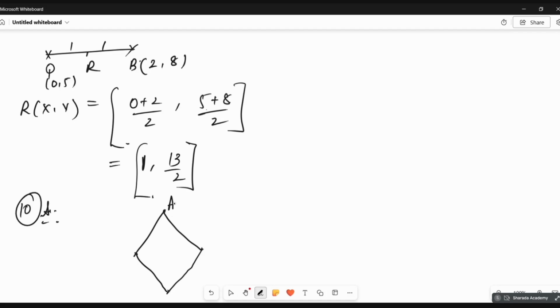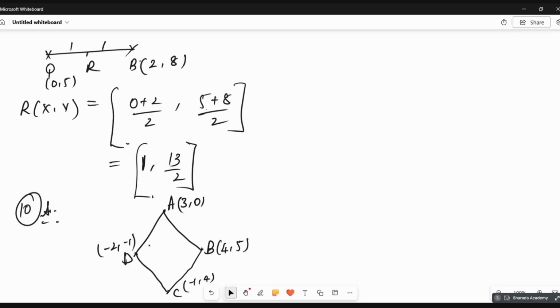If I start from here, A, B, C, D. A point is 3 comma 0, B point 4 comma 5, C is minus 1 comma 4, and D is minus 2 comma minus 1. So taken in an order: 3 comma 0, 4 comma 5, minus 1 comma 4 and minus 2 comma minus 1.